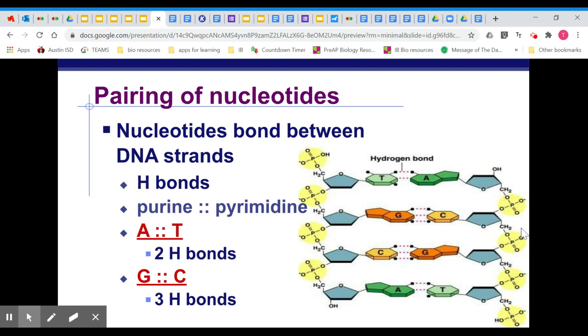So again, if you look at the structure here, you have your nucleotide on one side bound to your nucleotide on the other side, and the inside, those nitrogen bases, are held together by hydrogen bonds. So you can see those here.